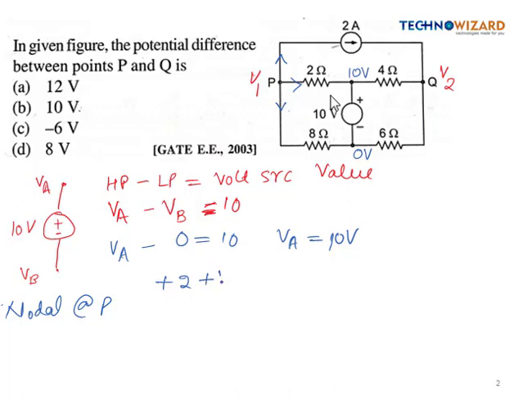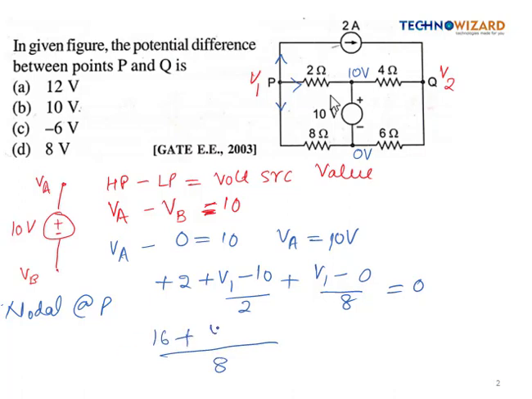Next is V1 minus 10 by 2 plus V1 minus 0 by 8 is equal to 0, this is 0 volt potential. So after taking LCM it will be 16 plus 4V1 minus 40 plus V1 is equal to 0.